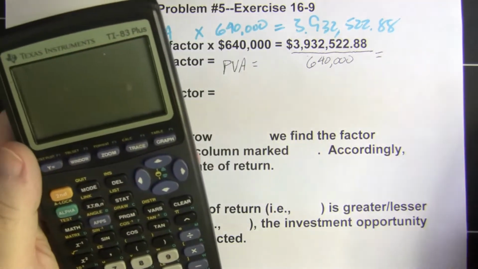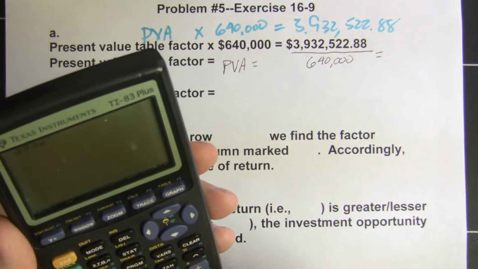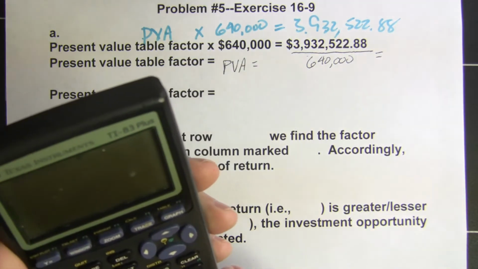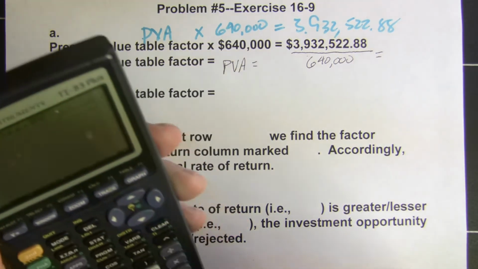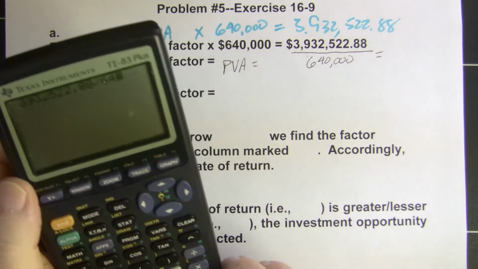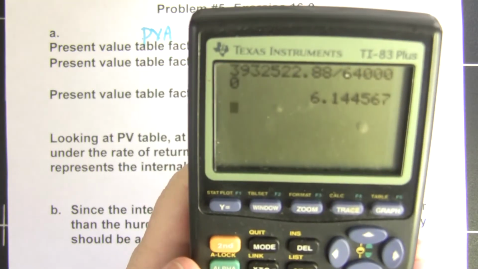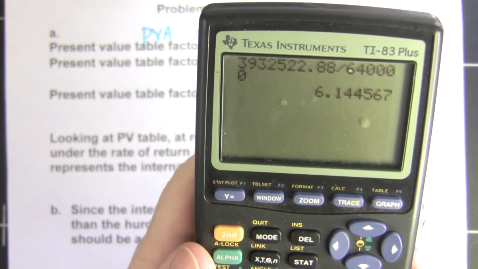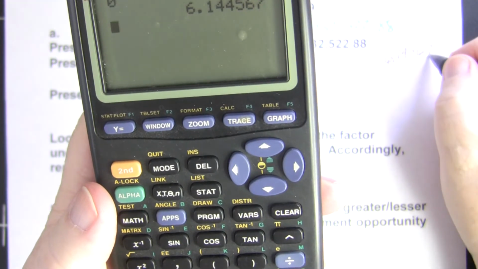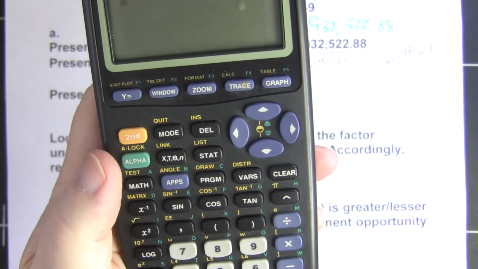Calculator on, clear. $3,932,522.88, and I'm going to divide it by 640,000. And I come up with a number: 6.14567.